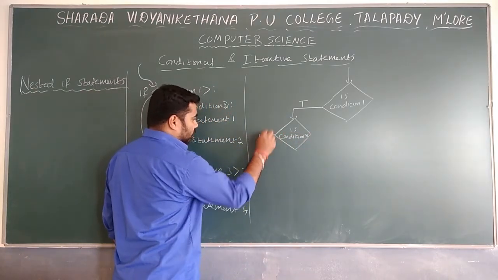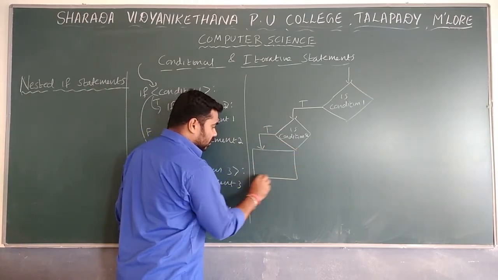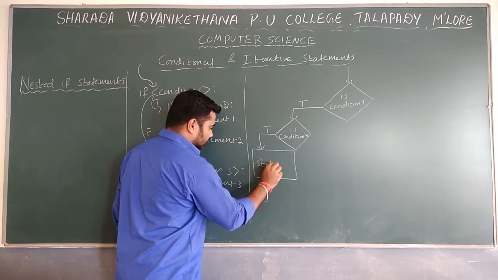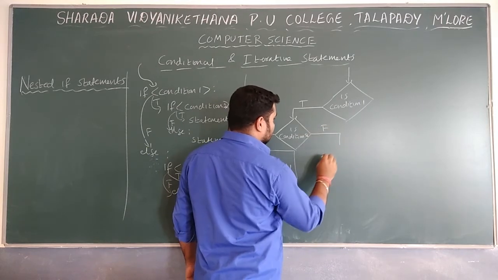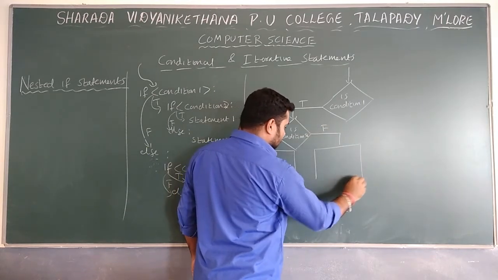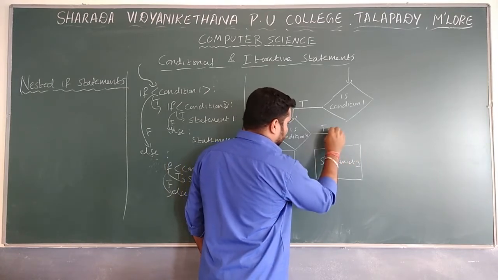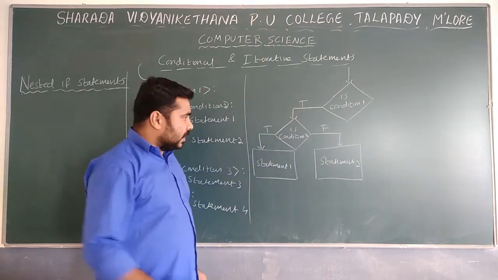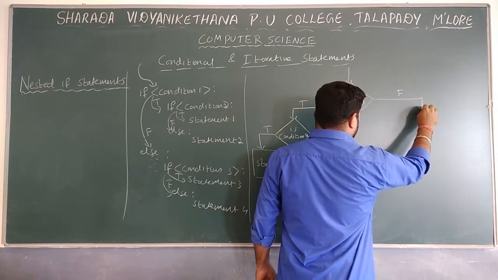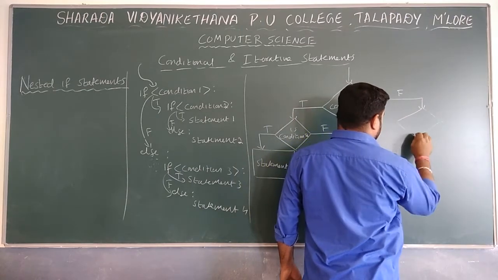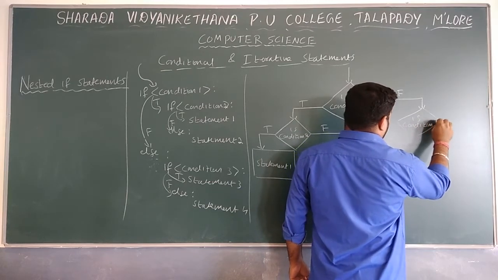Whenever condition 2 is true, we execute statement 1. Whenever condition 2 is false, we execute statement 2. Next, if condition 1 is false, then it checks one more condition, condition 3.